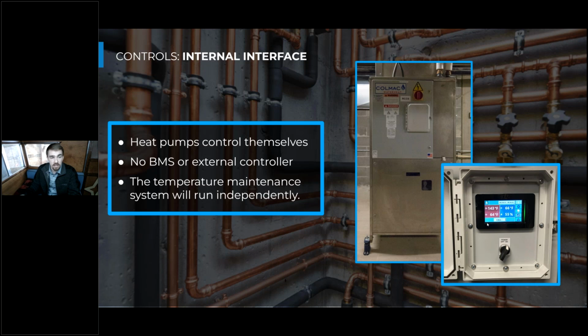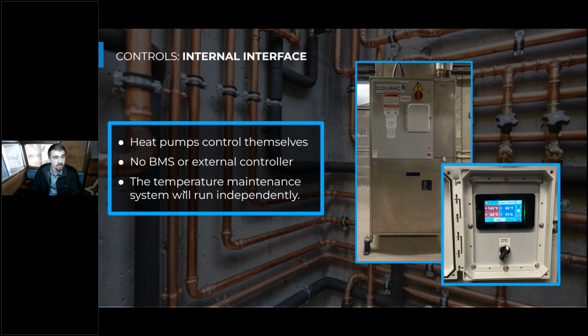Another advantage here is it's oftentimes going to be a lot cheaper control sequence overall if you just use the heat pump's built-in logic, because now you don't need an external controls contractor aside from maybe pulling some sensor wire to the tanks. You don't need a custom program that could potentially not operate within the bounds of what your heat pump will most ideally operate with.